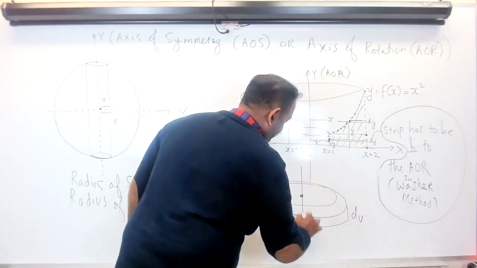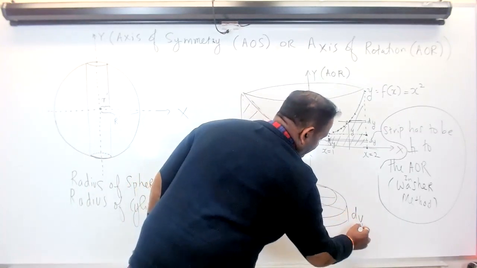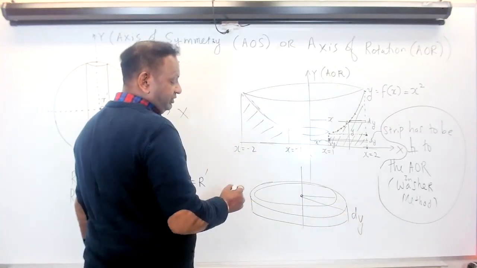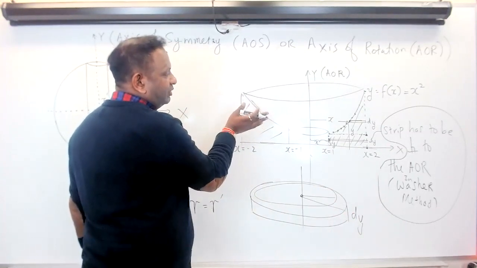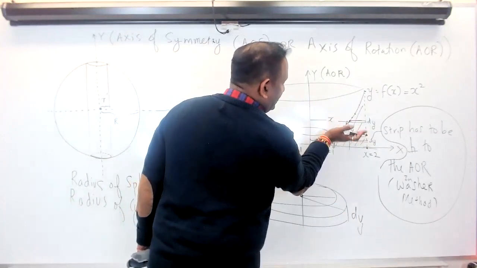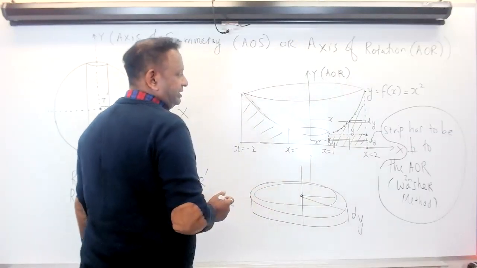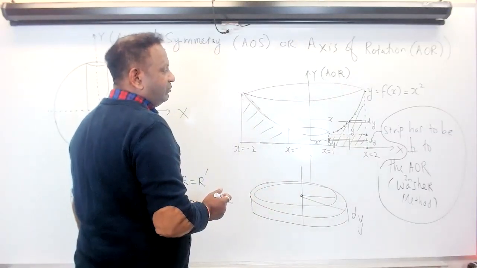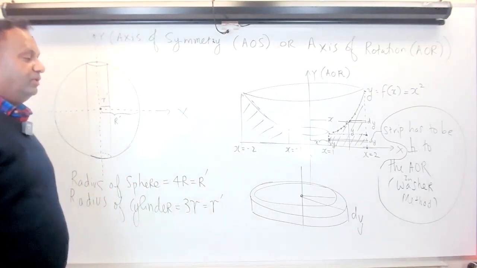So this is the axis of rotation. You have something like this and something like this. So that means for this washer, later on, what are you going to do? You're going to stack washers from here to here, here to here. So when you stack them, that would cover pretty much the whole region for which we are eyeing the volume.